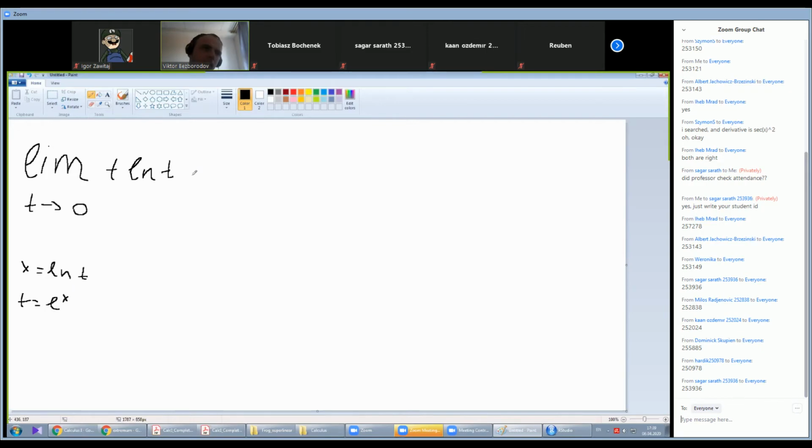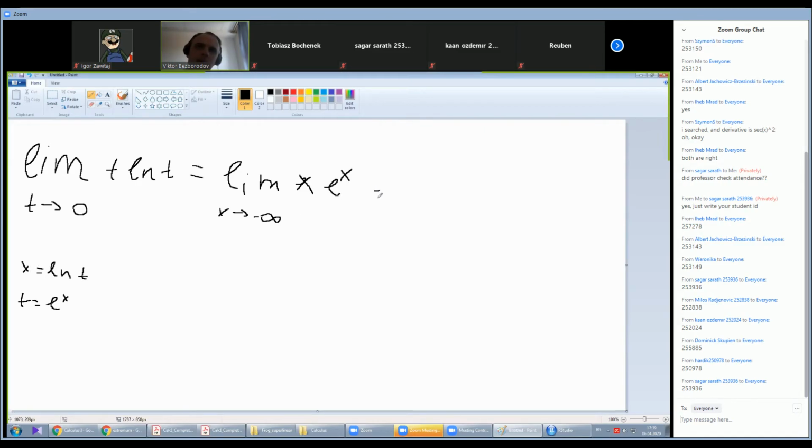And this equals the limit of x times e to the x as x goes to minus infinity. Now, as t goes to 0, x, the logarithm of t, goes to minus infinity.